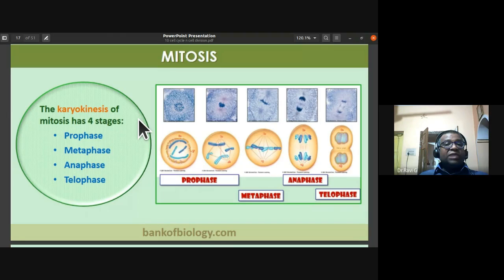But you should be aware that each and every cell that enters karyokinesis would have undergone the cell cycle, wherein there was G1 or gap 1 phase, synthesis phase or S phase, then gap 2 phase. In gap 1 and gap 2 phases, you know that there is a synthesis of RNA and proteins in both stages.